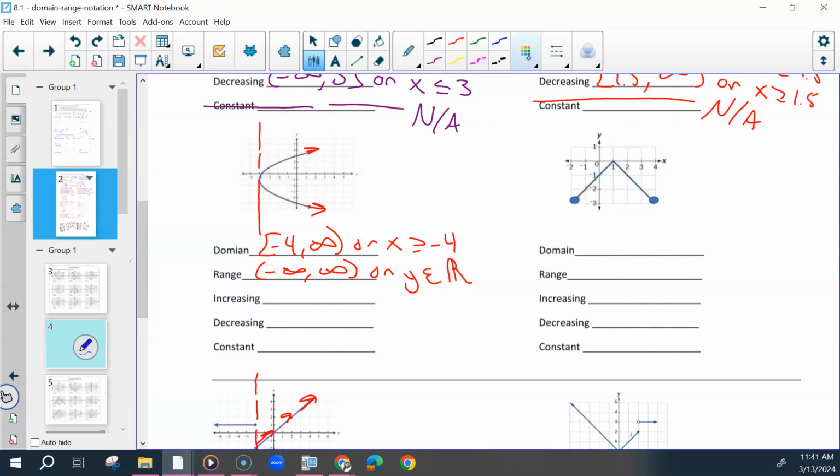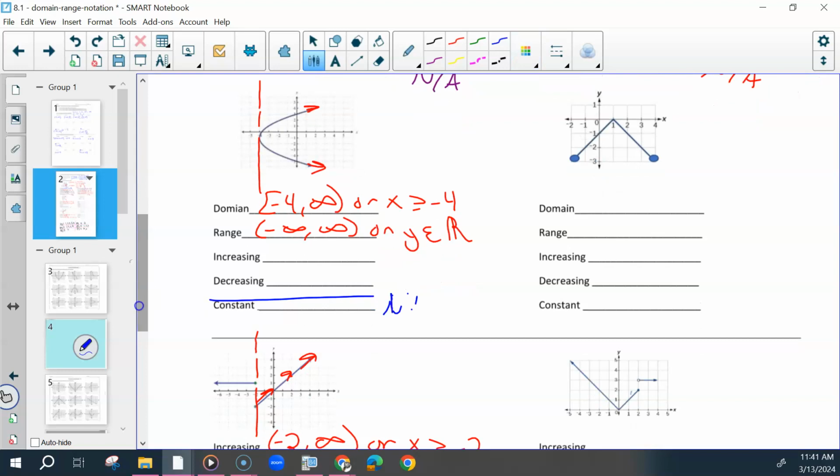And then increasing, decreasing, constant. Well, one, I don't see straight lines, so I know it's not constant. Okay.